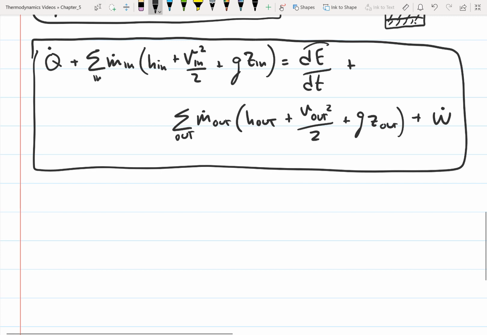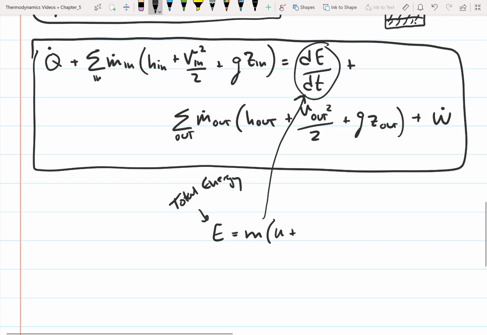The first thing we want to do is figure out what this term is. We know that the energy is equal to the mass multiplied by the internal energy. So the total energy, remember this E is total energy, is equal to the mass multiplied by the internal energy plus the kinetic energy plus the potential energy. So this is the internal energy, and then this is KE and PE.